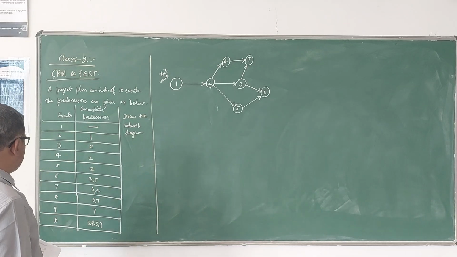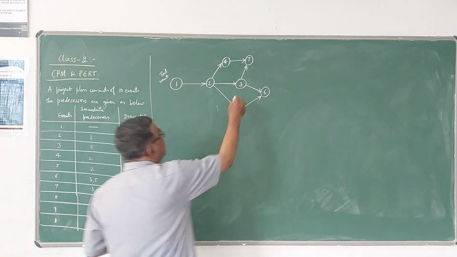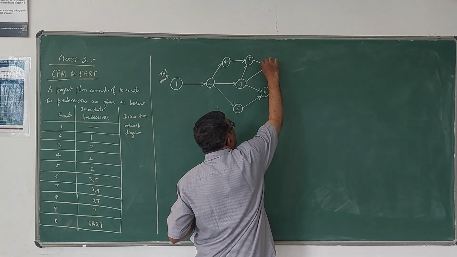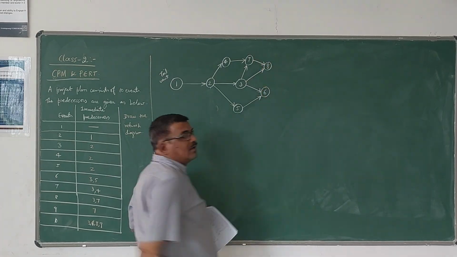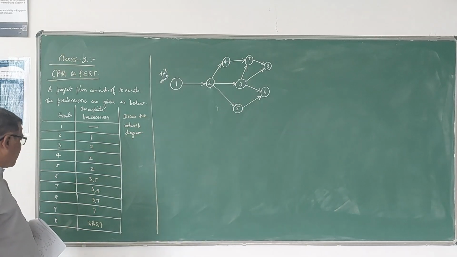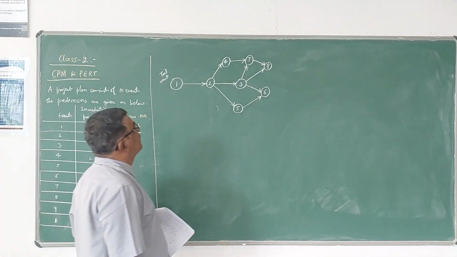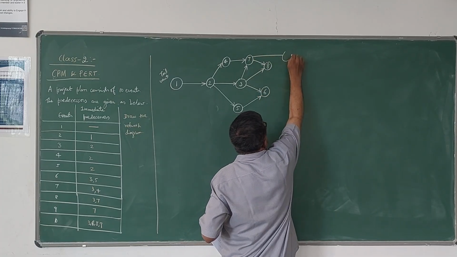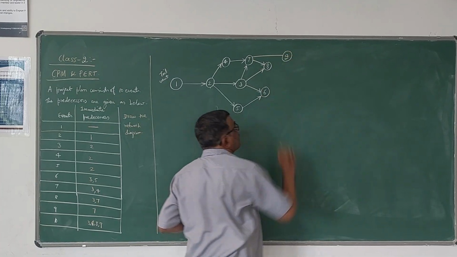Then for 8, 3, 7. 8 will come here, connected to 3 and 7. Okay? Then for 9 only 7. That means it has to go somewhere here. This is 9.